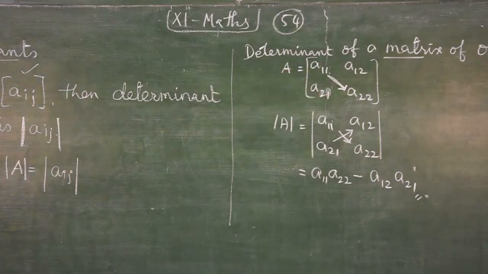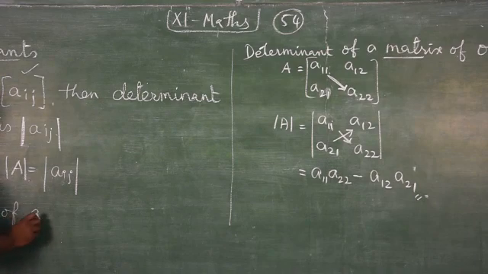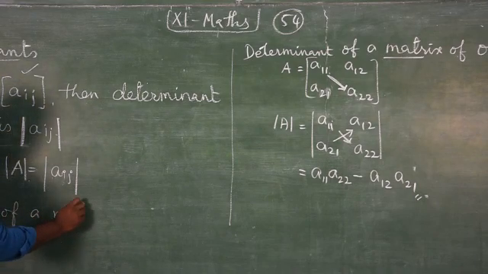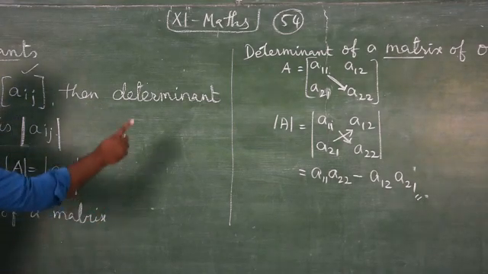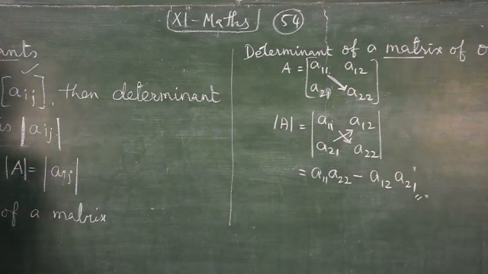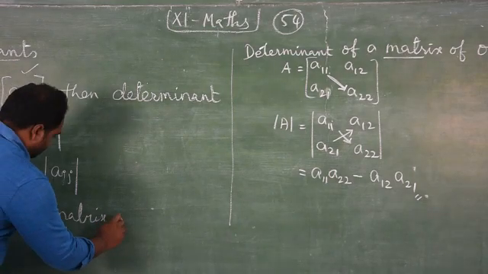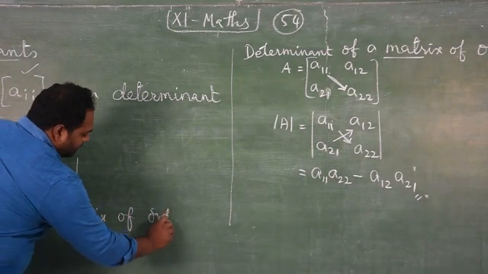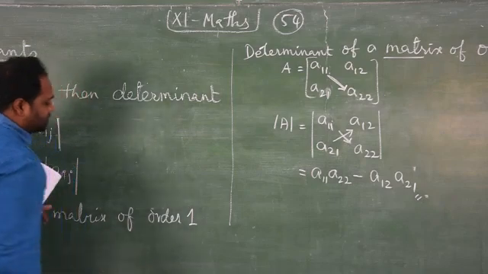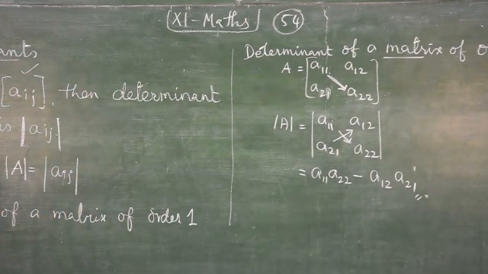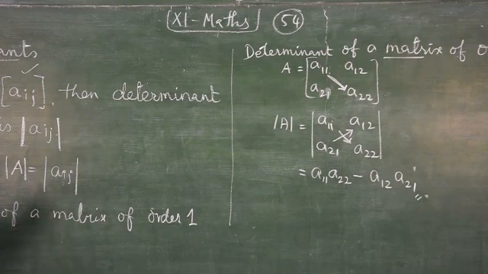Before 2 cross 2, we have to learn 1 cross 1. Determinant of a matrix of order 1 cross 1. In 1 cross 1, we have only one element.